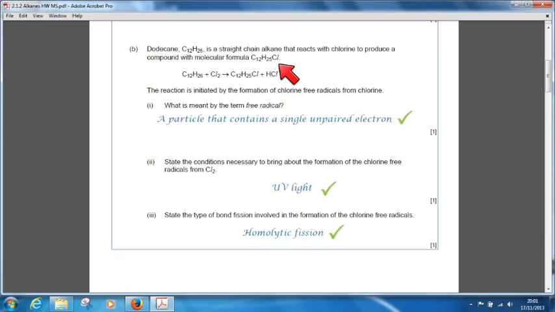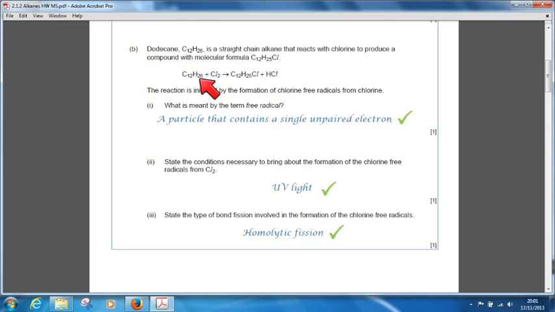Straight away you should notice that when you look at the original molecule C12H26, dodecane, and the newly formed compound C12H25Cl, we have one hydrogen short, as well as having an extra chlorine, which means that one of these hydrogens has been replaced by a chlorine.